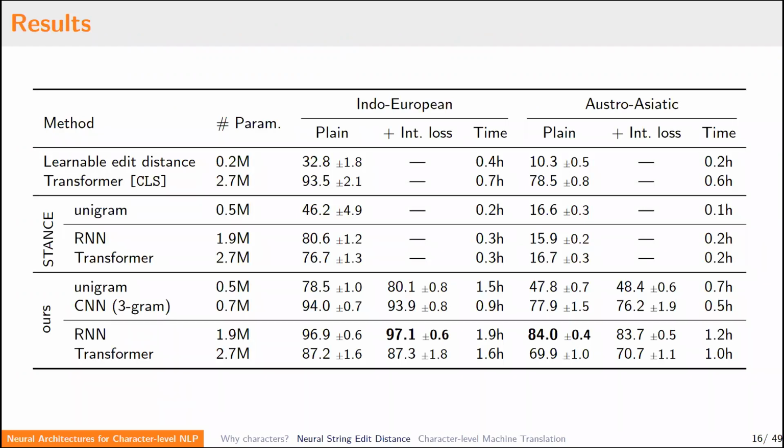And this terrible table that I didn't have time to visualize better shows how our model works compared to other models. This is the original statistical learnable edit distance, which works surprisingly poorly. This is what we can get using the standard transformer, which is hardly interpretable. And this method we are comparing with is a state-of-the-art interpretable string pair classification method that, similar to our method, can also get an explicit alignment between the source and target string.